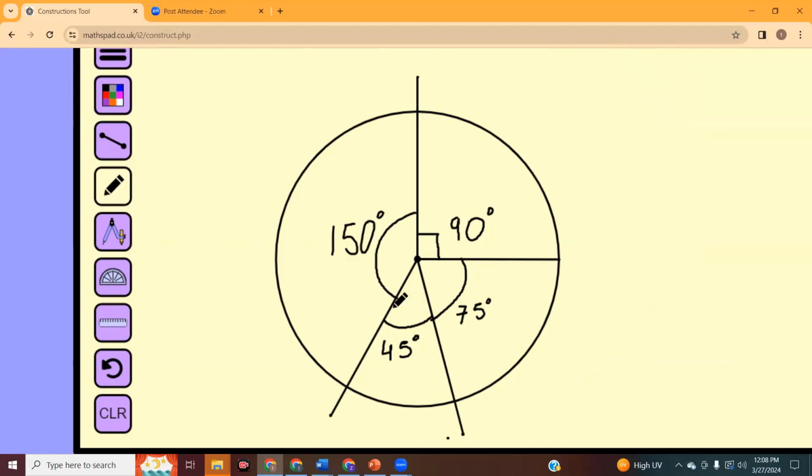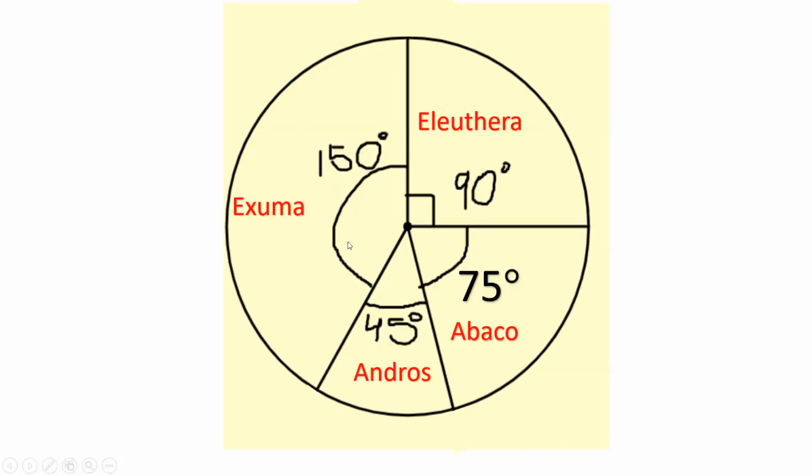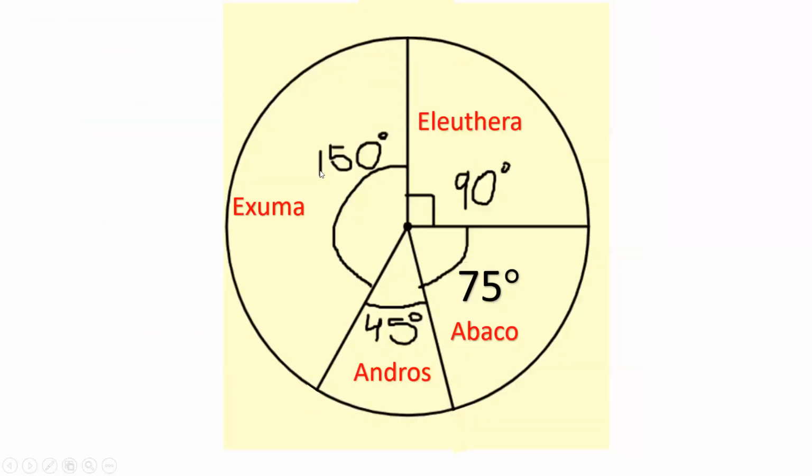So let's look at this diagram. Here we have 150, 90, 75, and 45. And if we look carefully, we have it labeled. So Eleuthera is 90, Exuma is 150, Andros is 45, and Abaco is 75 degrees. Okay, let's move on to the next question.